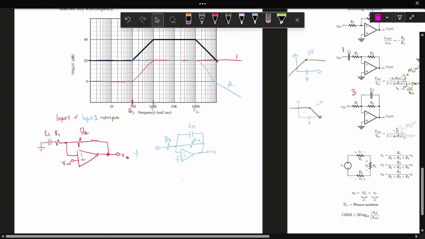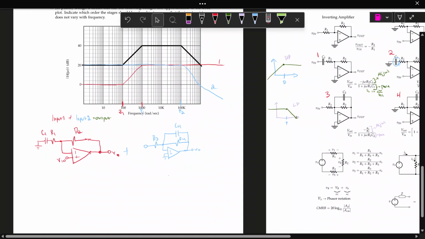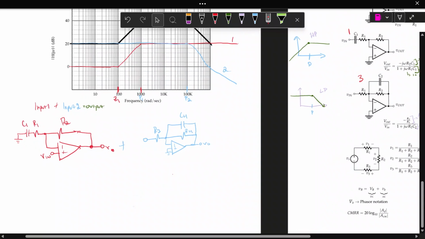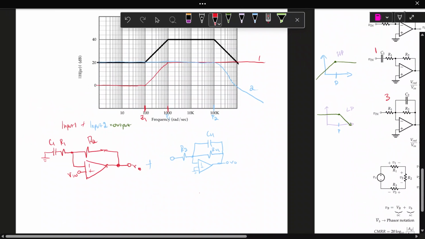All right, so step up and step down. How are we going to find R1 and R2? Well, we have to notice that we can use our end behaviors for the resistance values, just like we've done before.